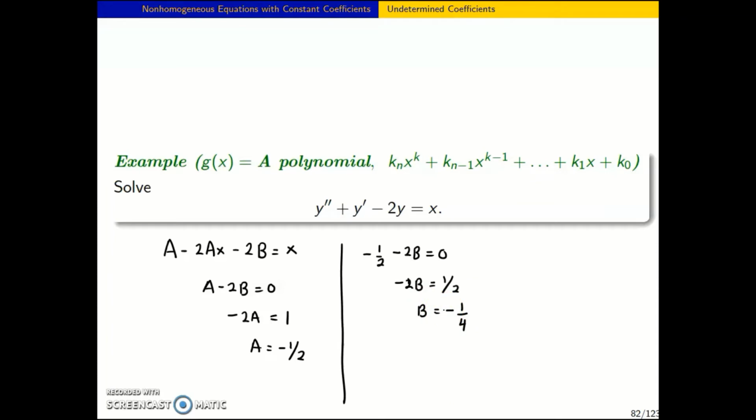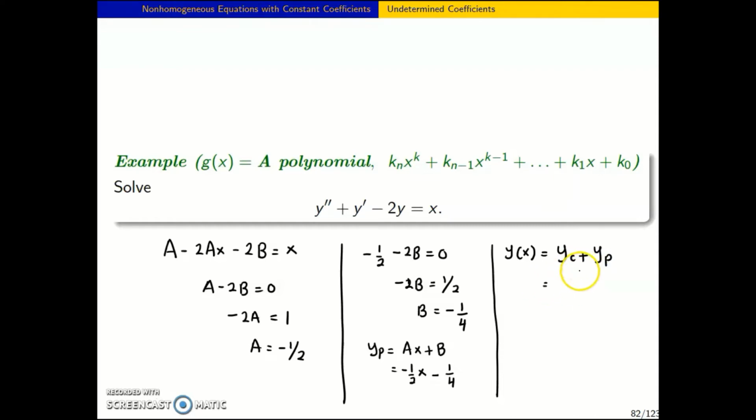Okay, so having obtained a and b here, I hope I didn't make any mistake here, but we said yp equals ax plus b, right? So a is negative half x, and b is negative 1 over 4. By having this, now I can write my general solution, which is given as yc, the complementary, plus yp, the particular.